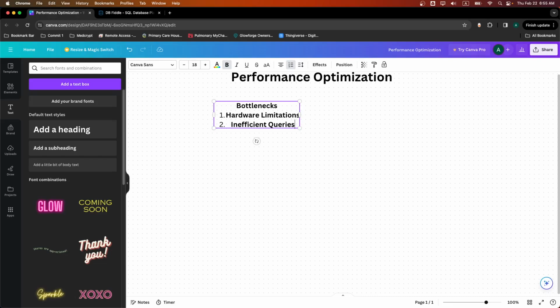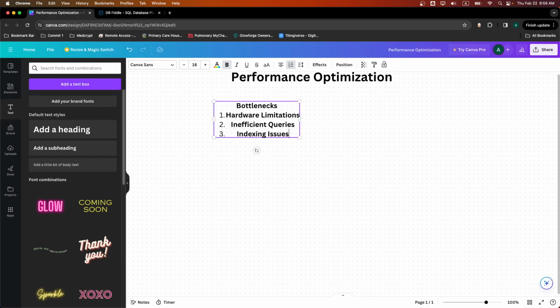Imagine you are doing full table scans where you don't need to, or you don't have the correct joins, you're using inefficient joins, or even missing some joins, that's definitely going to be a bottleneck. Then you have indexing issues.